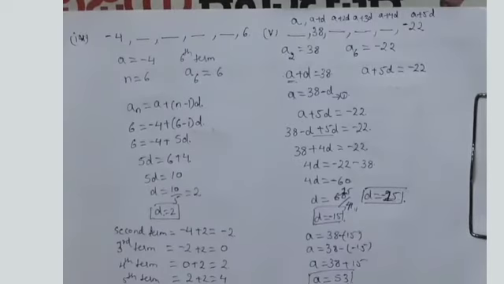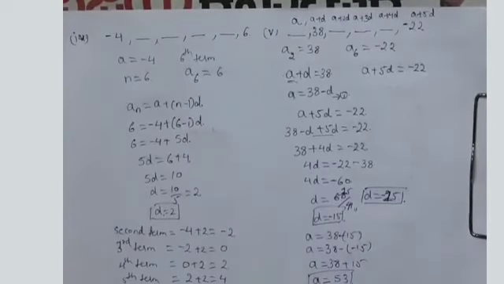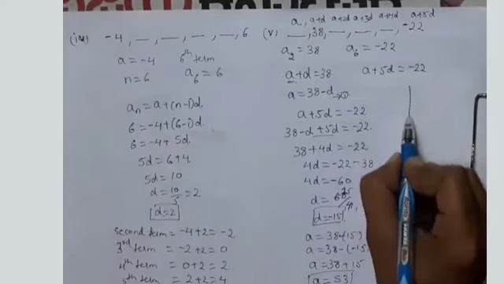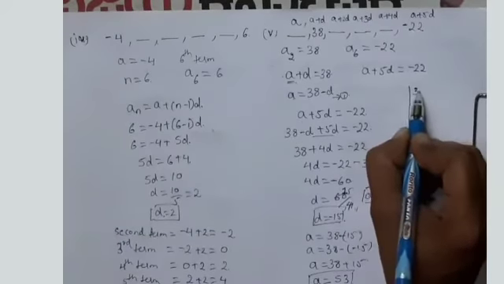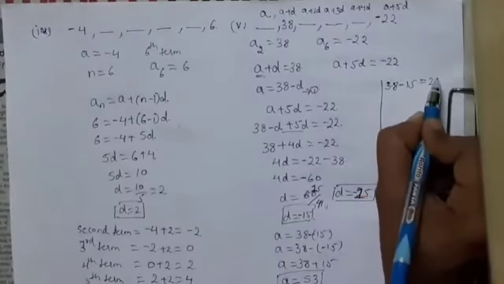The second term is 38. To 38 you have to add D. If you add minus 15, what do you get? The third term. 38 minus 15 will be the third term, which is 23.